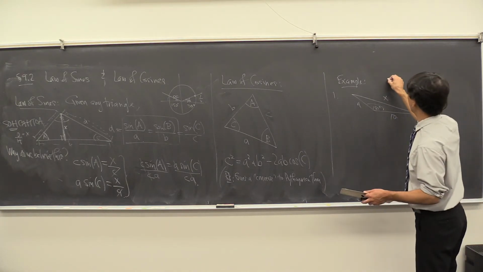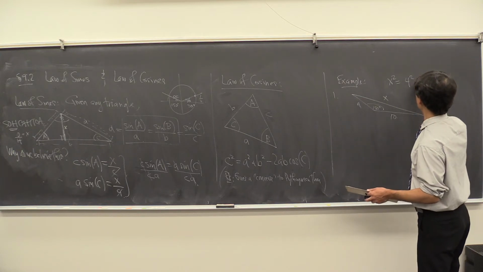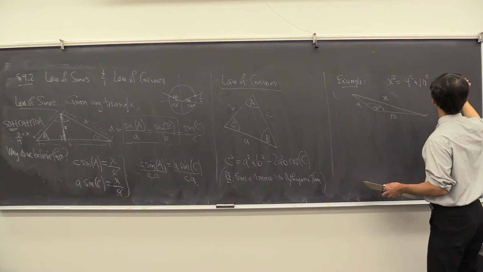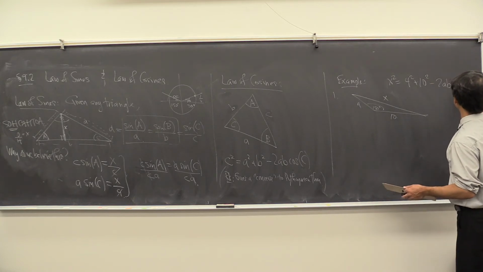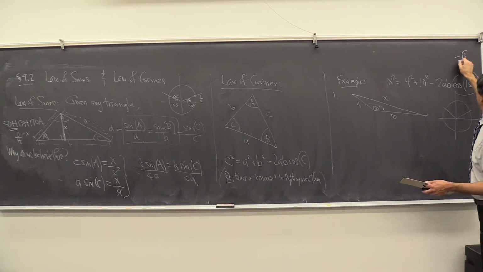So the law of cosines says x squared equals a squared plus b squared minus 2ab cosine of 150. Cosine of 150 is negative root 3 over 2.